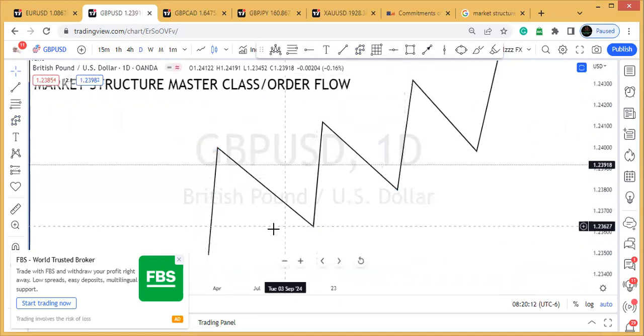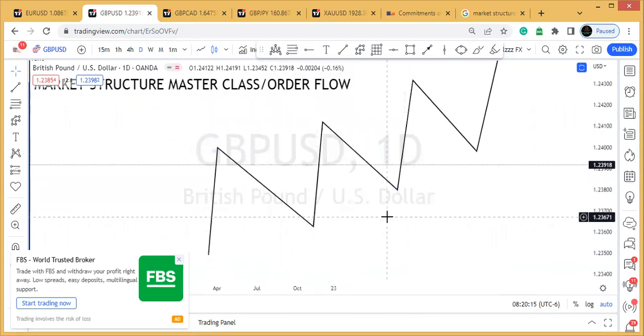So on your higher time frame, or on the particular time frame where you determine your overall trend, depending on the kind of trader you are. If you're a swing trader, probably you are looking at your overall trend on the weekly time frame, or on the daily time frame, or on the monthly time frame, as the case may be. But for me, I am a day trader.